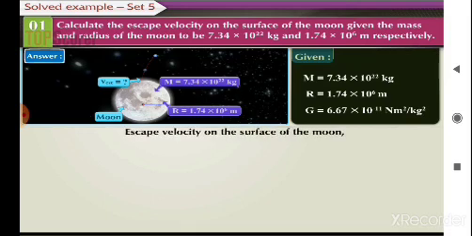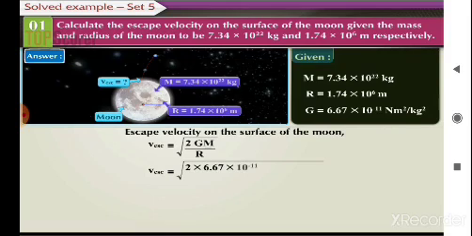v esc is equal to, formula, under root 2 G M upon r. Under root 2 into 6.67 into 10 raised to minus 11 into 7.34 into 10 raised to 22 upon 1.74 into 10 raised to 6.